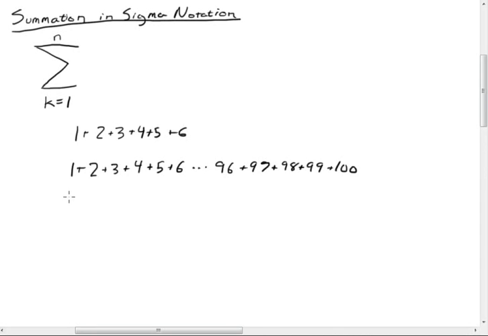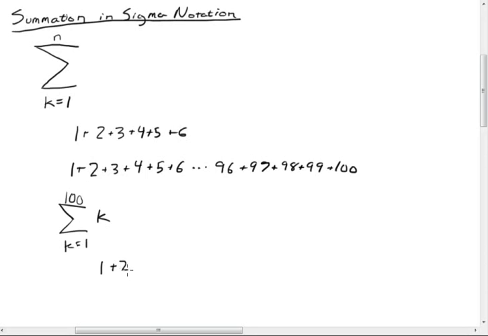And the way this works would be, instead of writing that, I'd say the sum of k equals 1 to 100. And what this does is it iterates through. First it plugs in 1 for all the values of k, so it goes 1, and then k iterates to 2, so it plugs in 2 for all the values of k, plus 2.